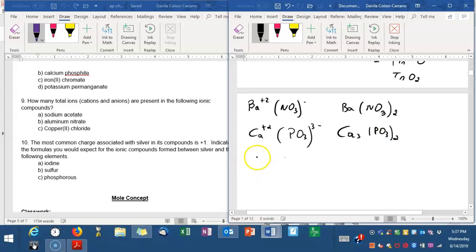And then iron 2 chromate. So it stays as it is.